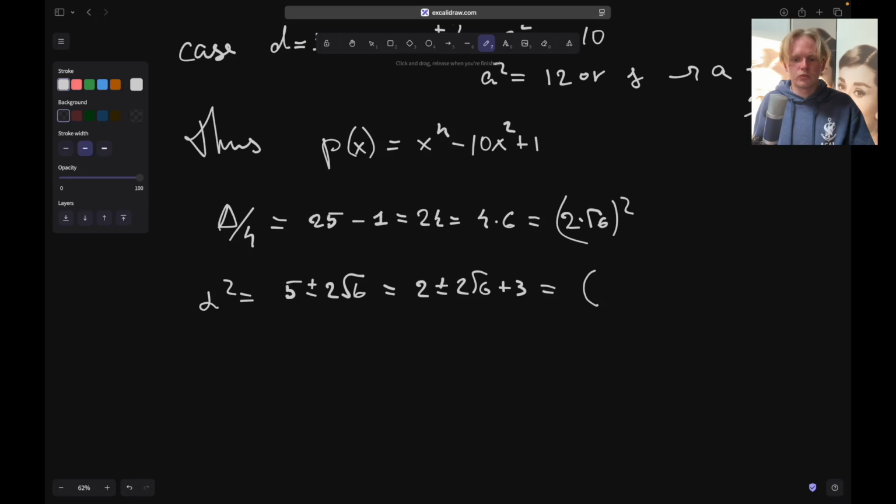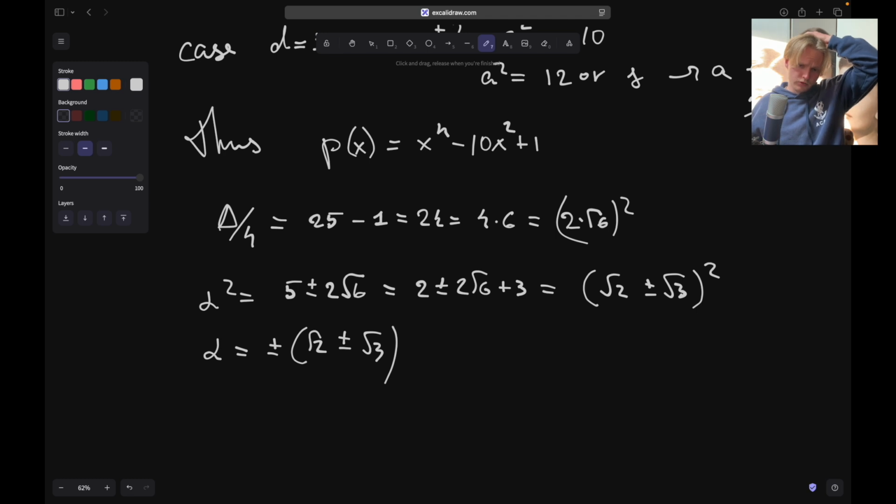Square root of 2 plus or minus square root of 3 squared, and thus we say that alpha is equal to plus or minus square root of 2 plus or minus square root of 3. Good, we have found all solutions.